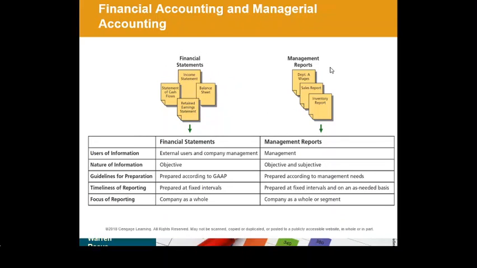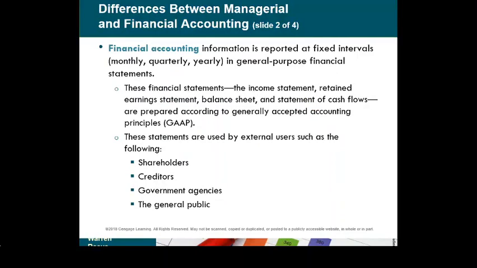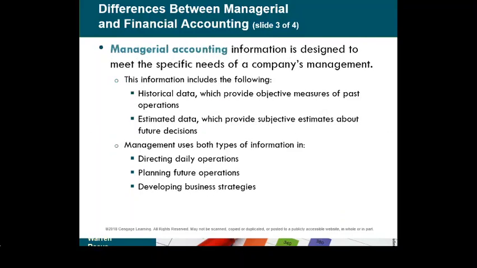But management accounting information is mostly used internally by the company for their decision making. You can read through the slides for more explanation, but basically I have given the summary on the previous slides.